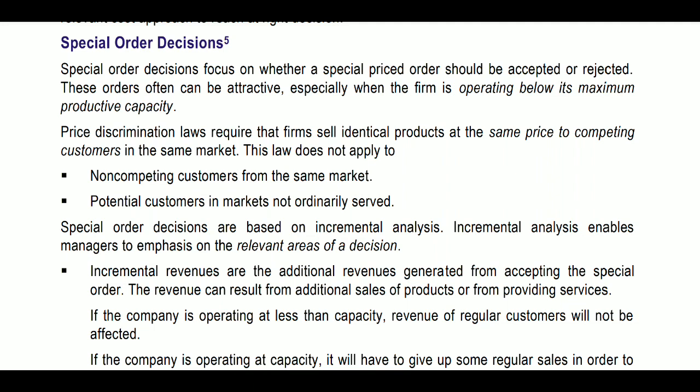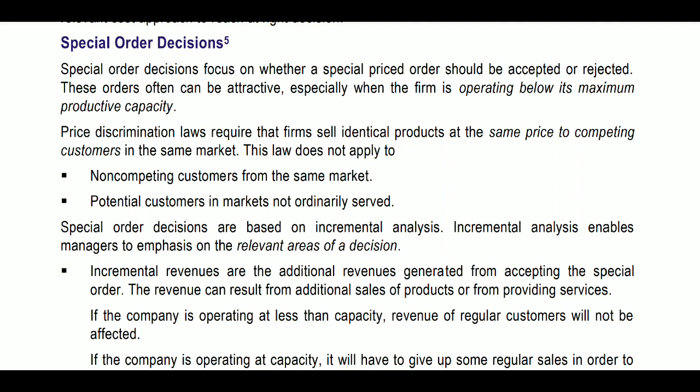Next, special order decisions are based on incremental analysis. We will see that the main point is where we get the special price order decision, then special order for a job.